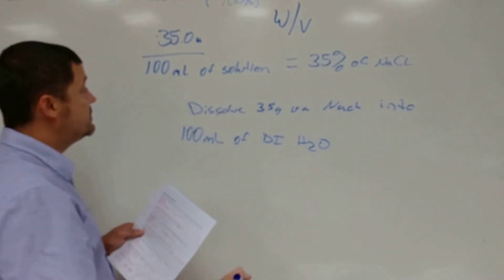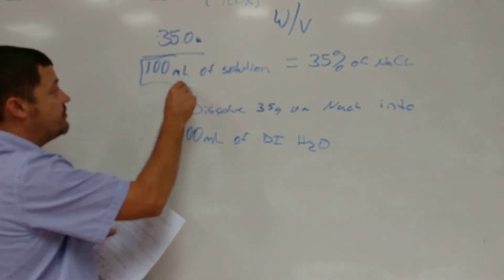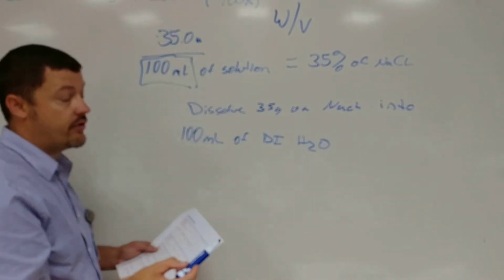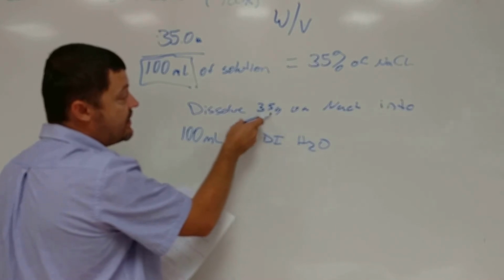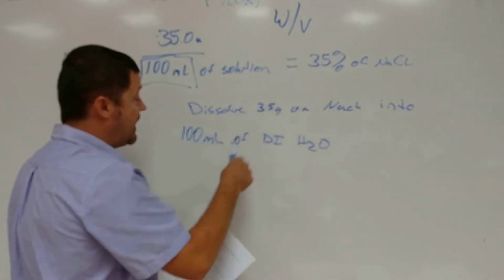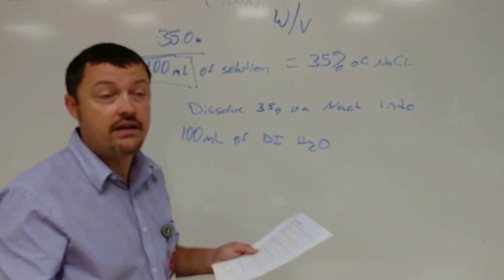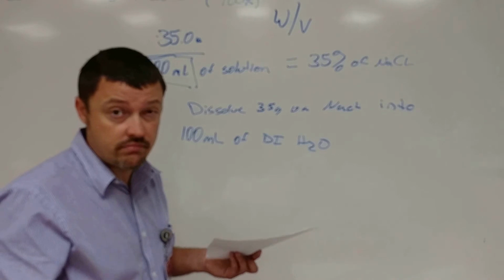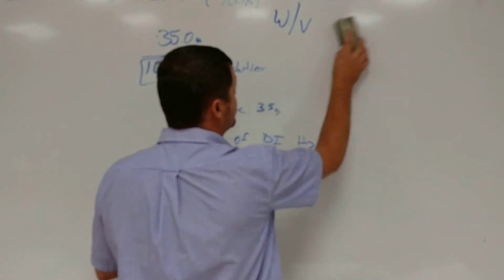Okay, so our final volume is always going to be 100, so it's going to be 100 milliliters. So you're not going to change from that in this. You're going to take that 35 grams and dissolve it into that, and 35 of 100 is going to be 35%. Okay, so percent per 100. All right. Okay, so that's weight over volume.